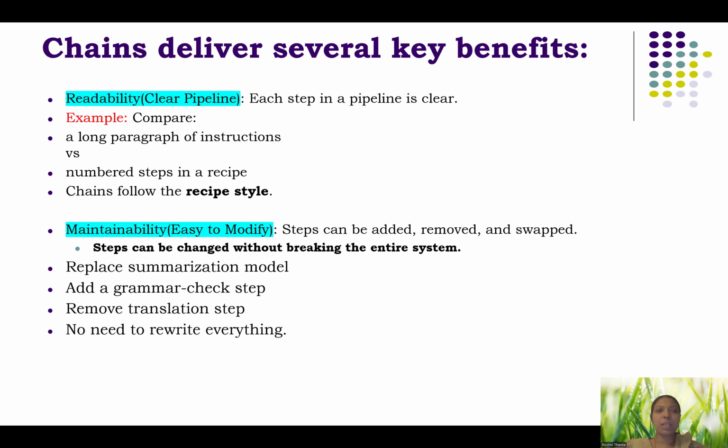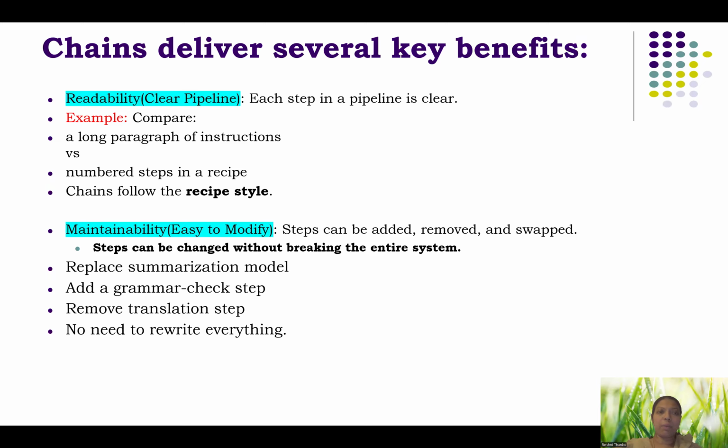And the next one is readability. As I told you, instead of doing everything as a single step, it is very difficult to manage and debug. If I have a task as a single paragraph, reading and understanding is very difficult. But if the same thing is given as steps, it is easy for us to understand. So if we have a chain, the readability is also very good.